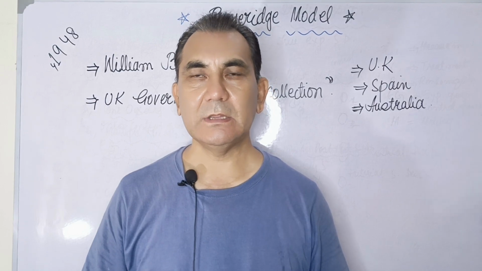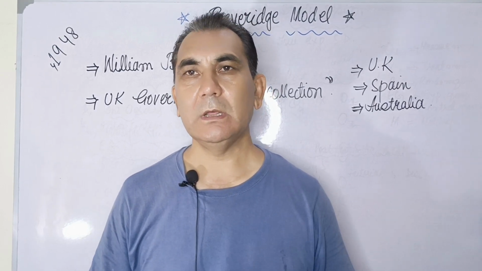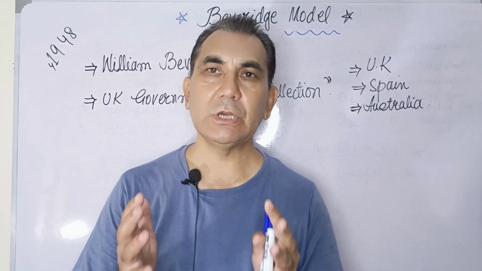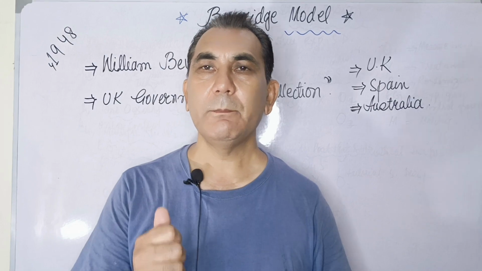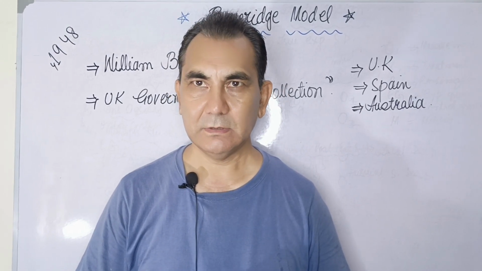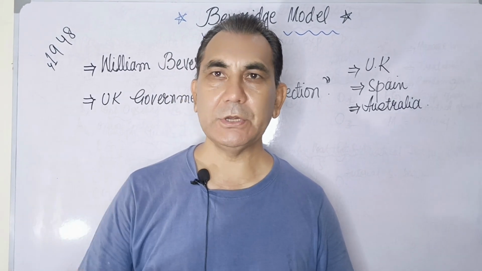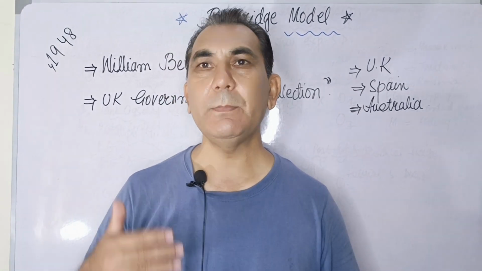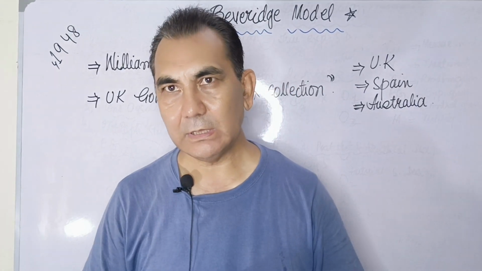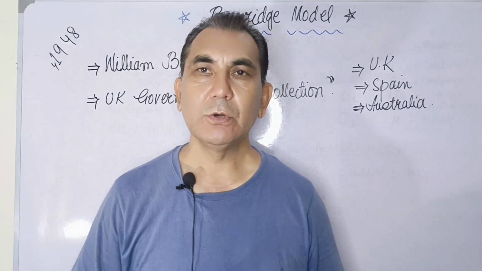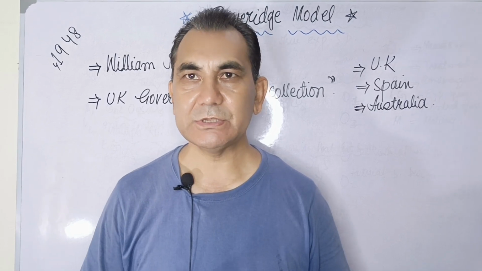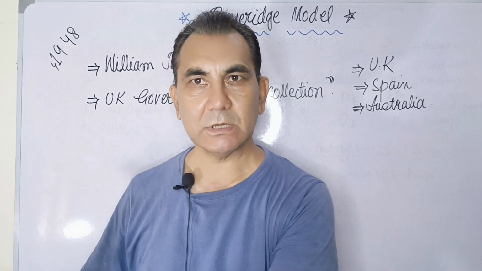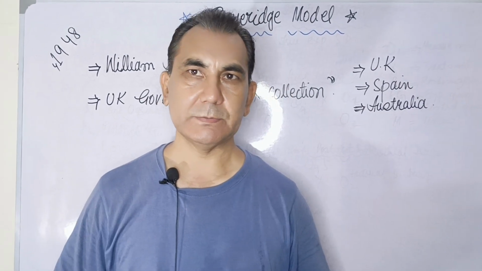So it is one of the best models in the world, in which the government is the single payer for healthcare services, because in Britain the government collects the revenue for health insurance and pays on behalf of any individual or community who avails healthcare services from either the private GP or the government GP, either the private hospital or the government hospital.